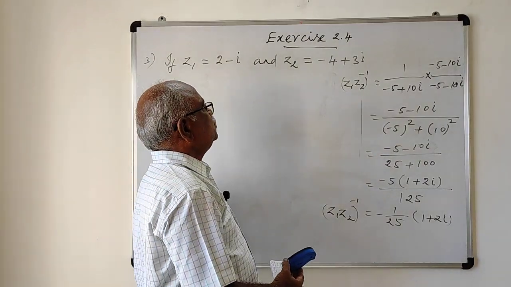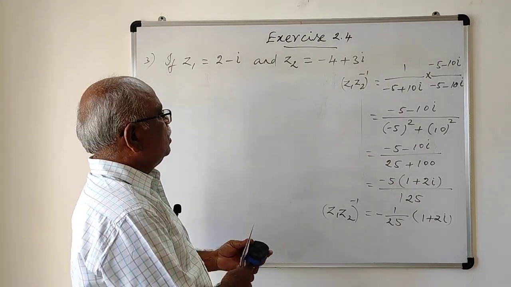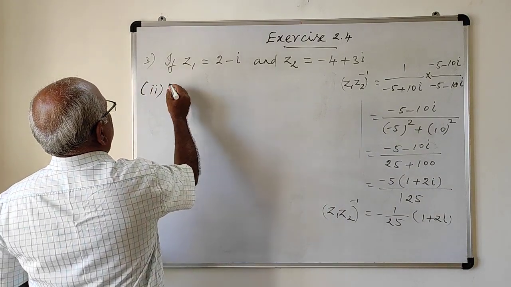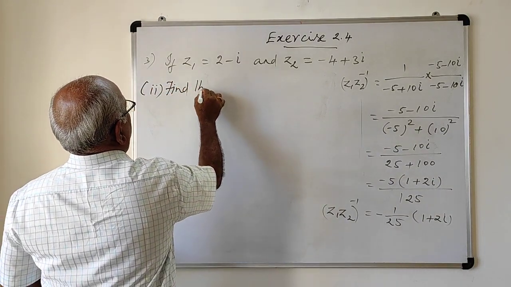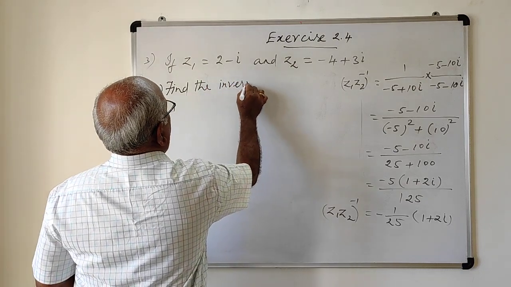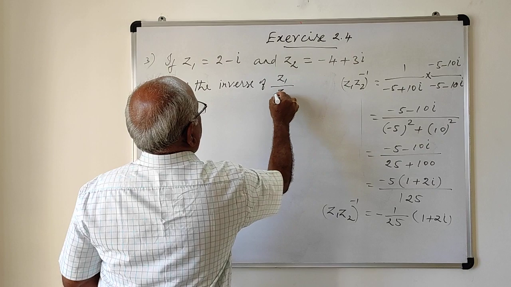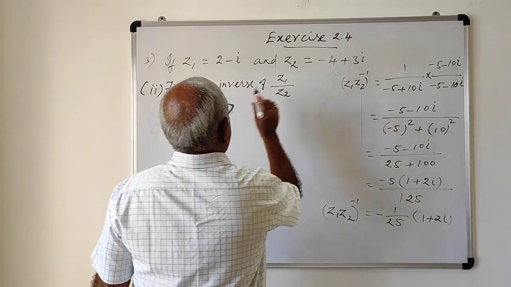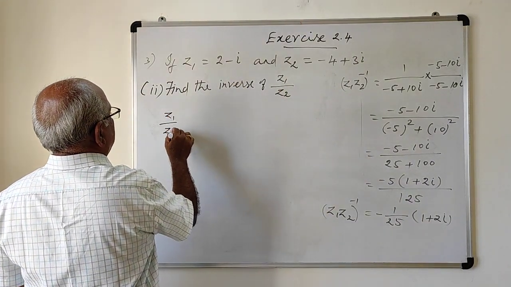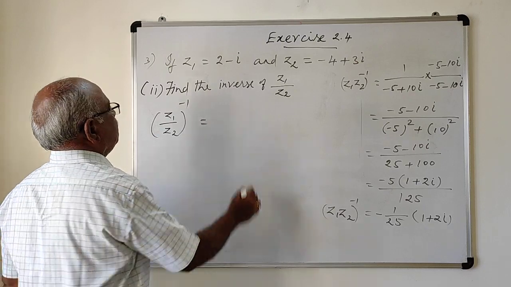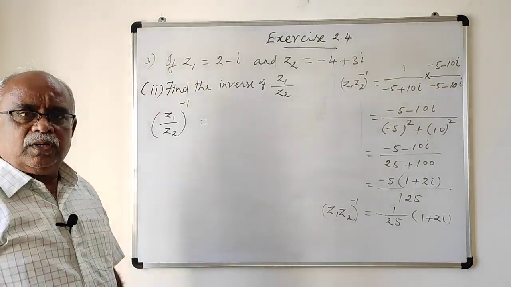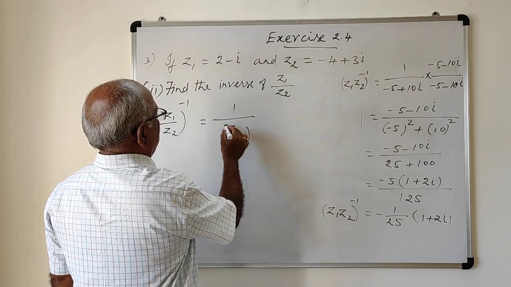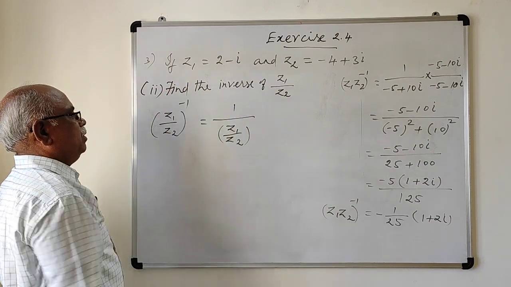You have to find out Z1 by Z2 inverse. Z1 by Z2 inverse is 1 by (Z1 by Z2).